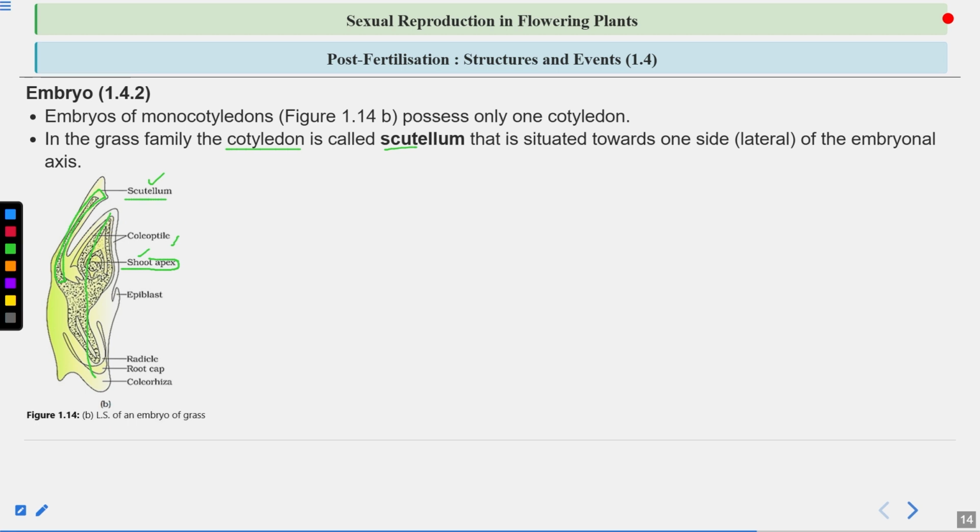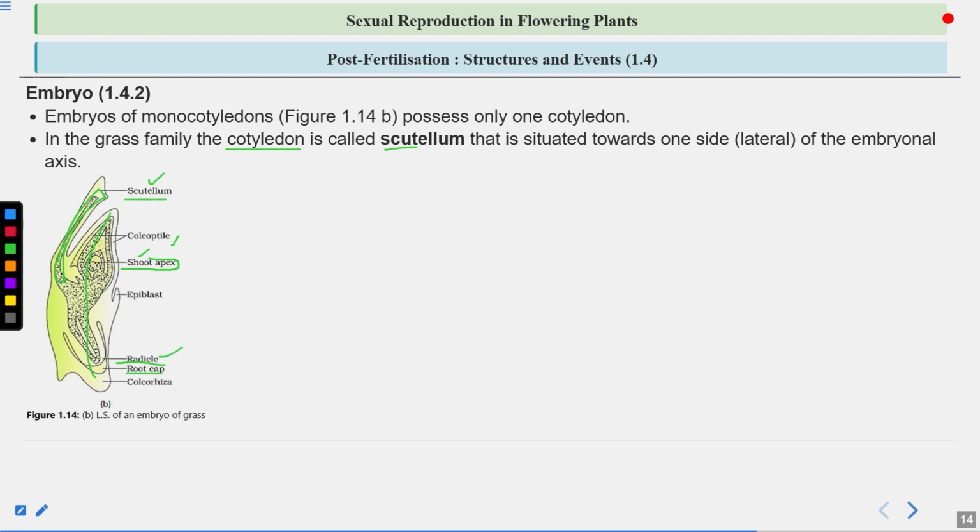Similarly, when you see the lower part of this embryonal axis, you can see the radicle part. The radicle part is having the root cap also. And this whole part is again covered by a sheath-like structure, and that is called coleorhiza.